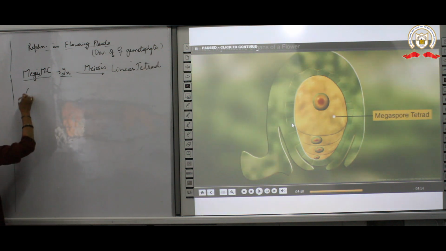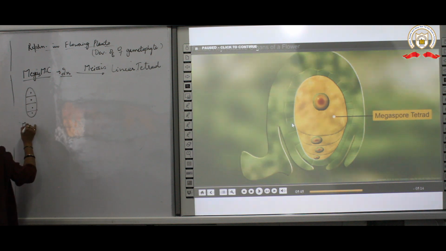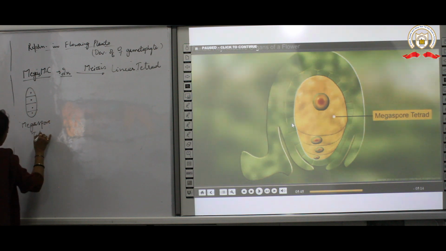Tetrad means that meiosis forms a linear structure of four cells. This is known as the megaspore tetrad.